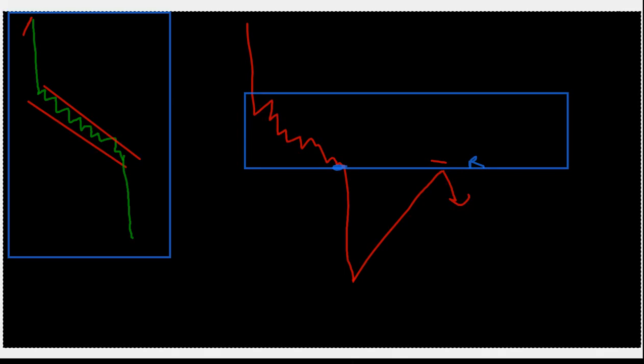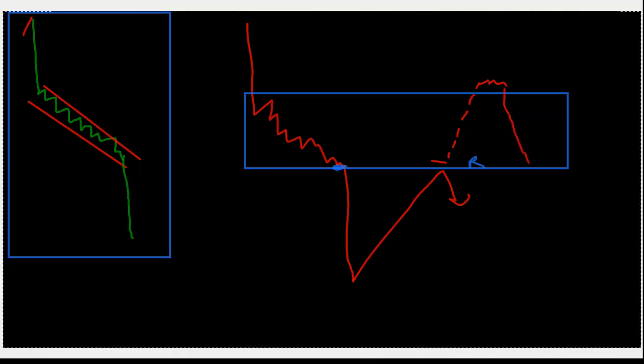So if that level is not holding as resistance, what happens is that the price makes its way through, pretty much to the top of the structure, and sometimes it'll even breach a little way through it. Okay, and then what will happen is that it will retrace to the base.